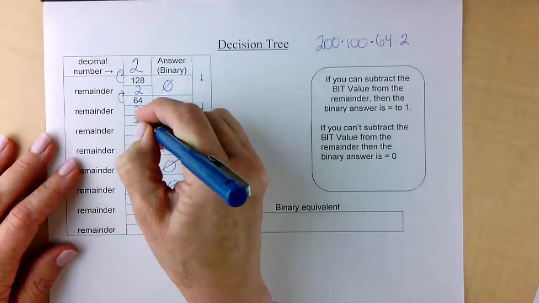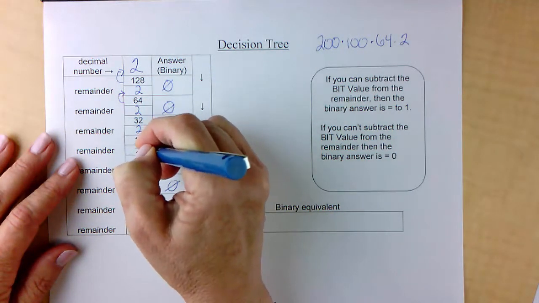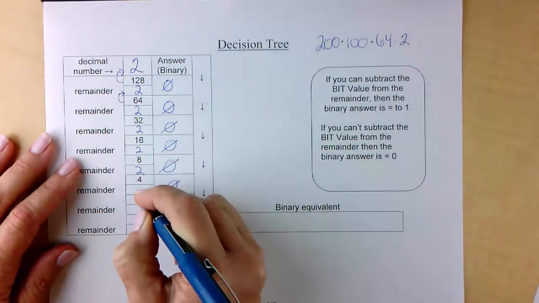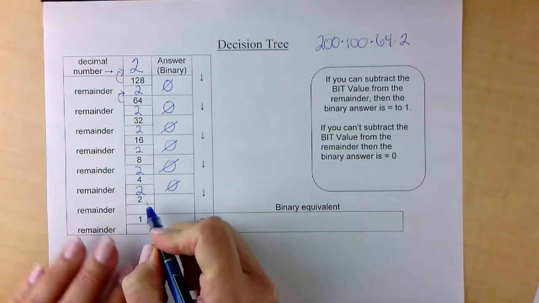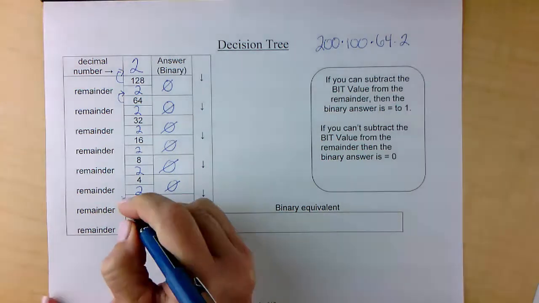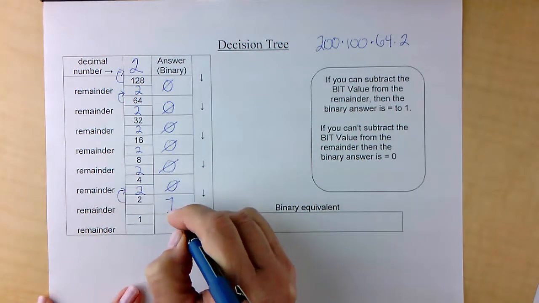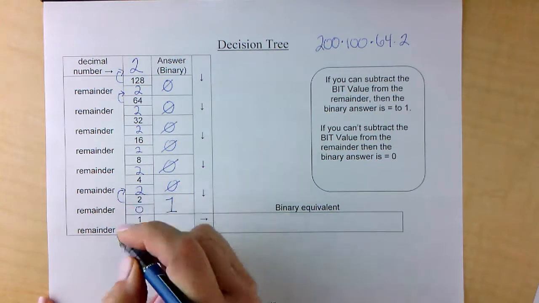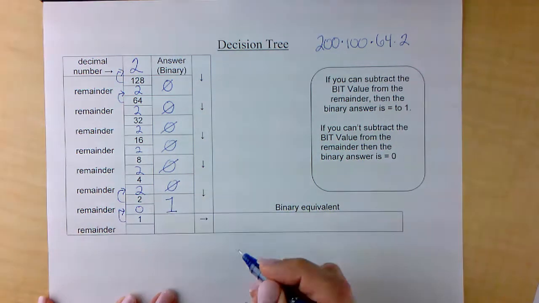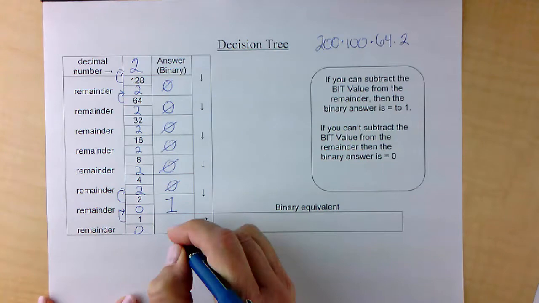Okay, so I'm just always carrying the 2 down. It isn't until I get down to the 2 that I've got some action. 2 can go into 2, so this one is on. 0, does 1 go into 0? It doesn't, so it's off.